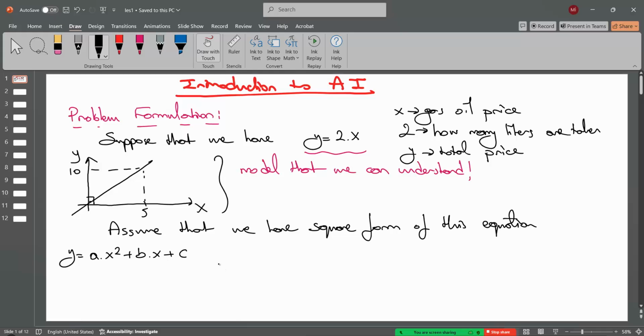Okay, and so maybe the calculated x and y can be drawn just like this one. This is the output, right? This is the input. This graph is entirely dependent on the a, b and c coefficients, and so we can generate the formula like this one, right?